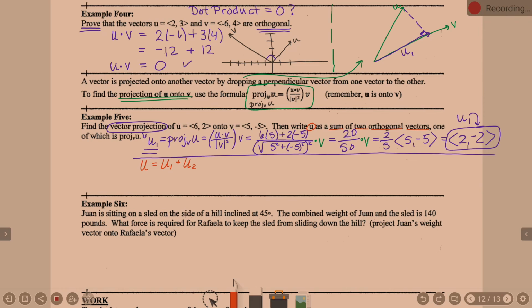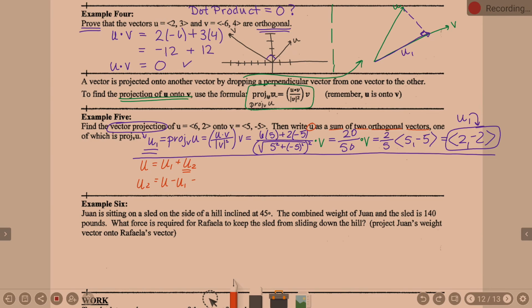In order to find u2, we can do u minus u1, correct? Basic algebra there, right? Do we have that information to do that?